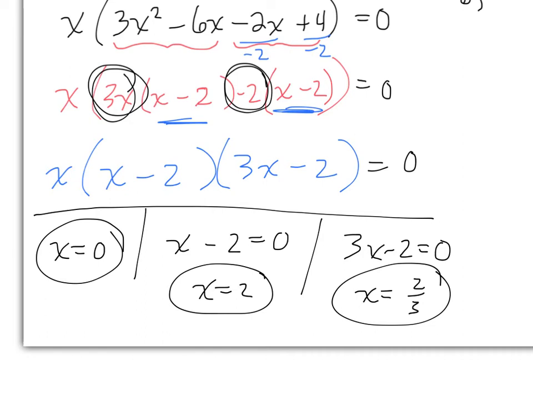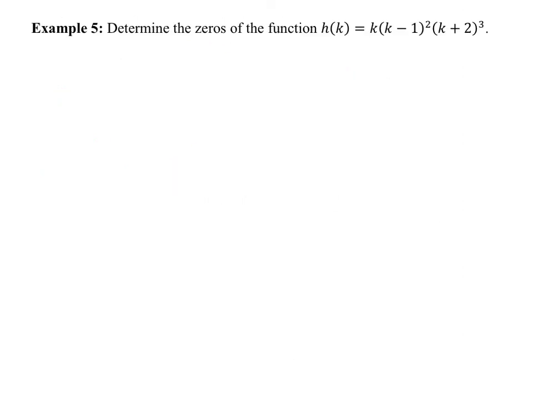All right, now to transition, same process, identical process, but I want to go over new terminology with you. We can think about something called the zeros of a function. And when you want to find the zeros of a function, it's the exact same thing as finding the roots of an equation. It's saying, what values can I plug in for x, or in this case, k, doesn't matter which way we want to think about it, for k, so that the function becomes 0.